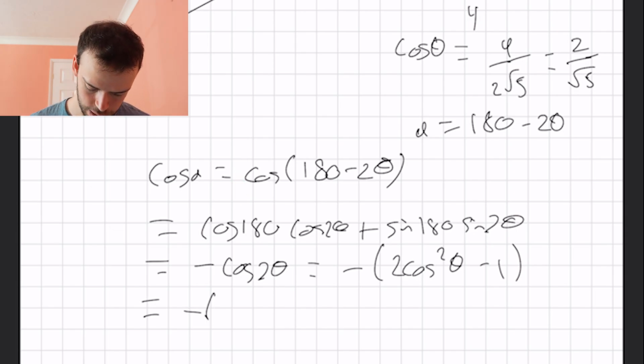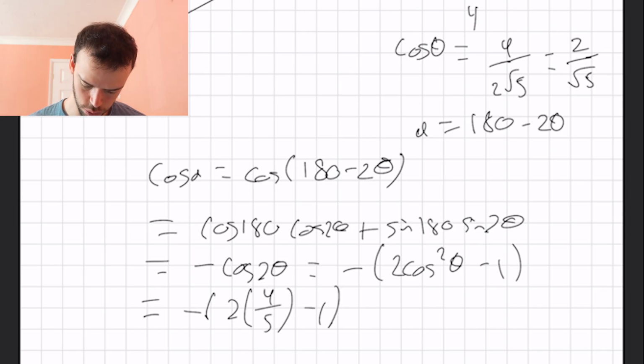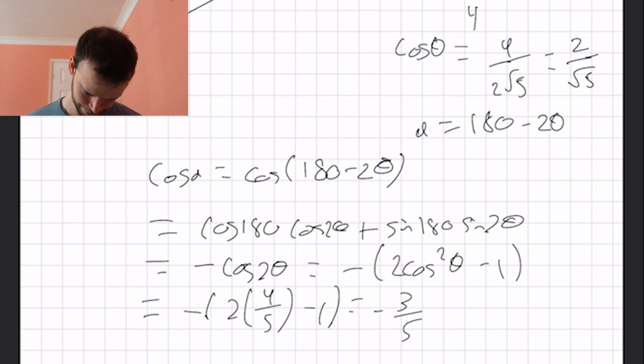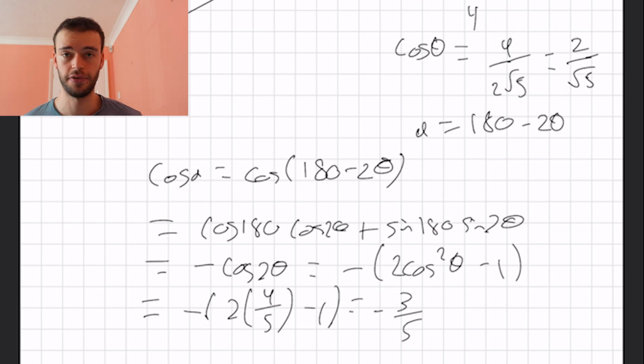So we've got minus 2 lots of 4 over 5 minus 1. So this is going to get me 8 over 5. Minus 1 is 3 over 5. And then minus on the outside, we're going to get minus 3 over 5. Cool. So we found what cos alpha equals.